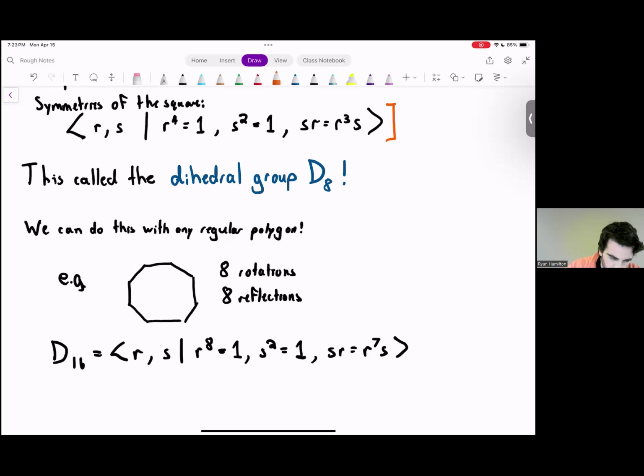So here r is rotation by 45 degrees. And you can keep going. Any number of vertices you want. You can keep on doing this same construction, something that translates this very geometric property of what's going on with this shape into a purely algebraic construction.